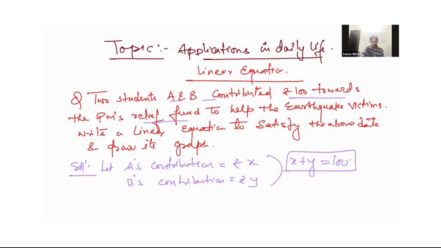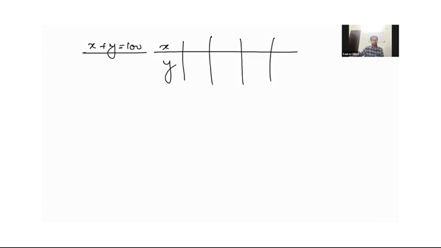Now we have to represent this on the graph as well. So what does the graph of X plus Y is equal to 100 look like? Assume the tabular form. Always take one value in terms of the other. If you let your X value as 10, you will get your Y value as 90.